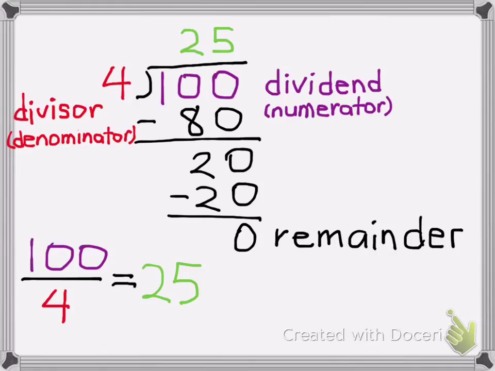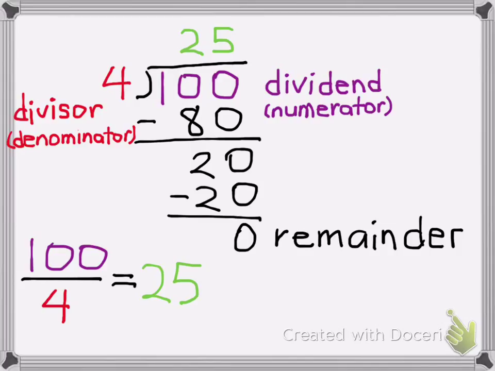In a fraction, it can also be known as a numerator. The smaller number in this case, 4, is a divisor, or denominator. It's a number we are dividing by. In this case, we get 0 as the remainder and 25 as the answer. As a fraction, we can write it as 100 over 4, which is 25.